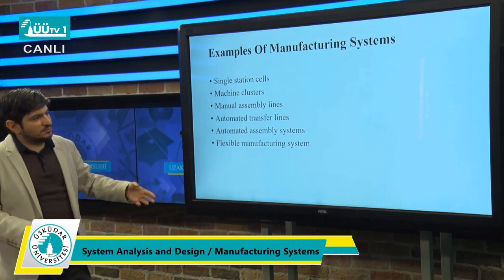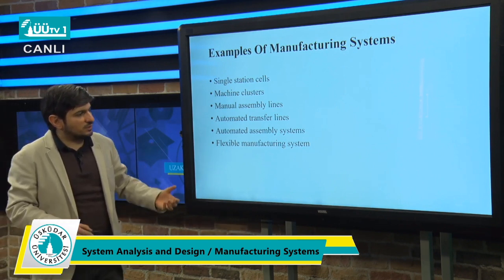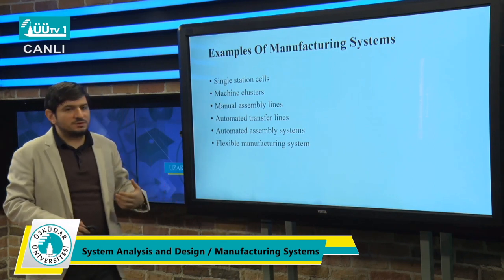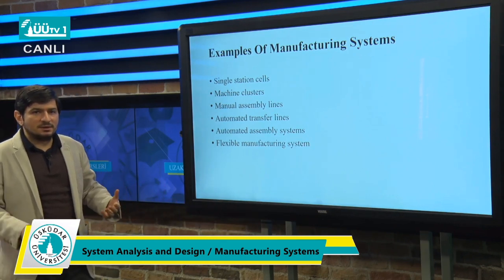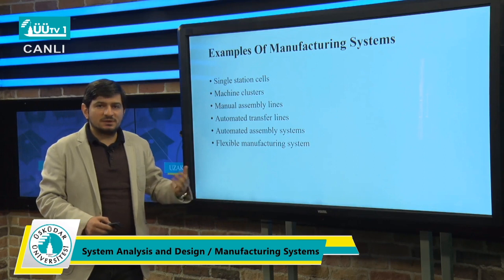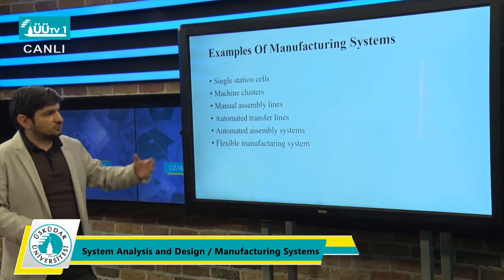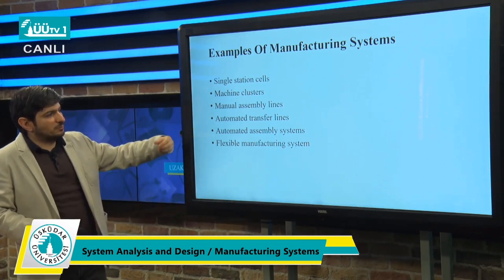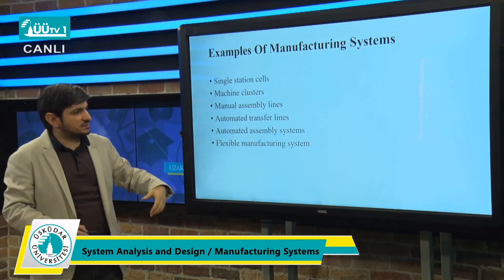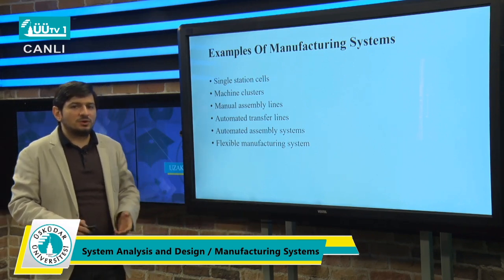Since we have different types of manufacturing system in an organization, there are some criteria that we should consider to find the optimum and best manufacturing system to apply in our company.